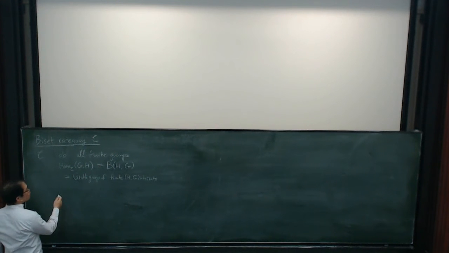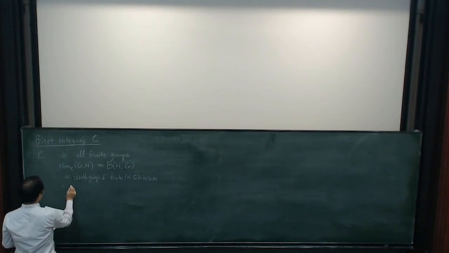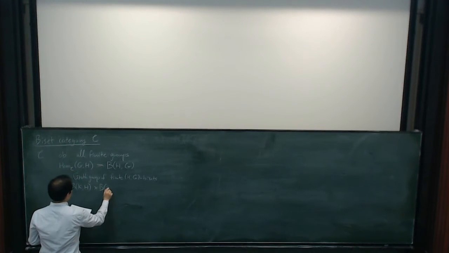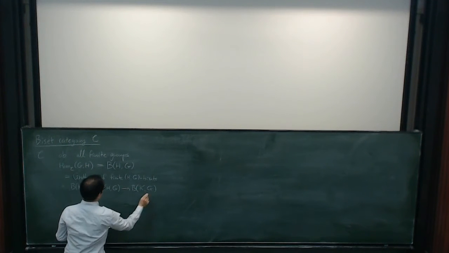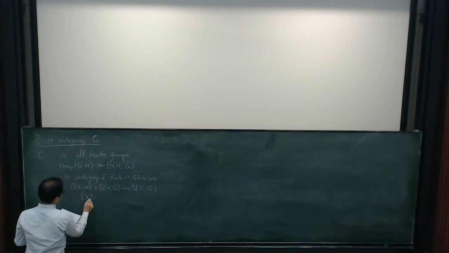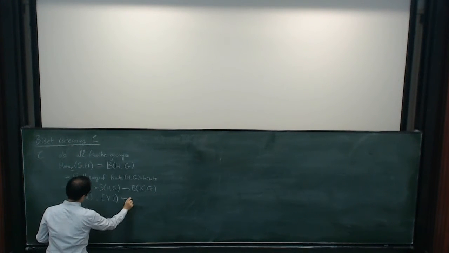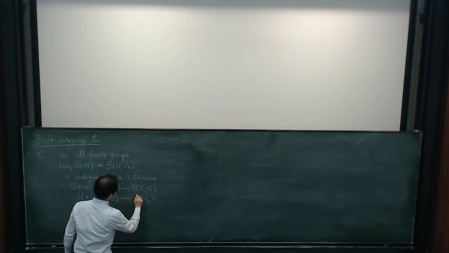Right, and then the composition is given by this. Did Radu introduce this tensor? Yeah, we did. So the composition is given by this sort of tensor product construction. If X is a KH biset, and bracket denotes the isomorphism class, then this is this.